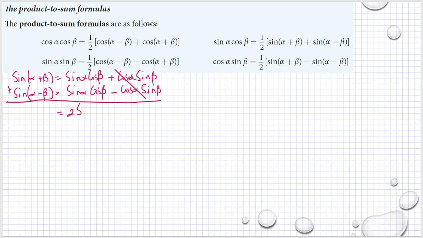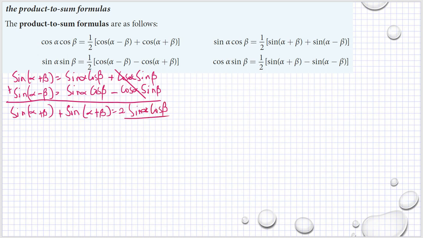Then we have 2 sine alpha cosine beta. I will write this first: sine alpha plus beta plus sine alpha minus beta is equal to 2 sine alpha cosine beta.